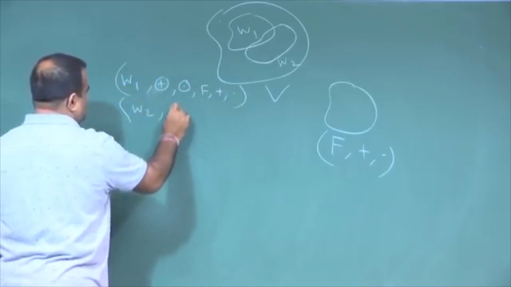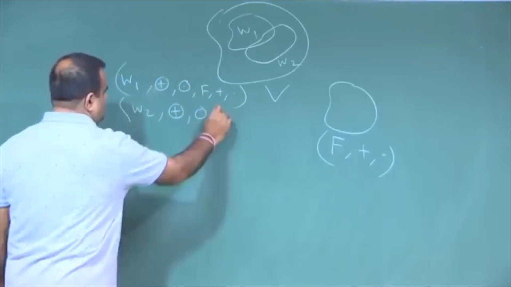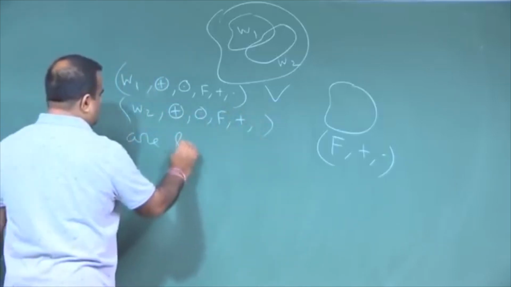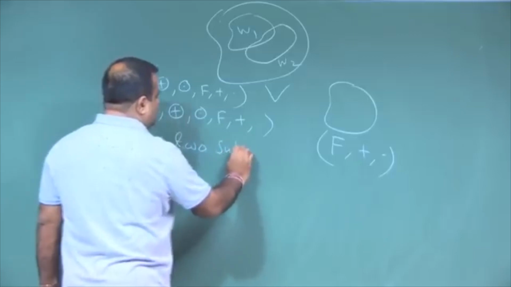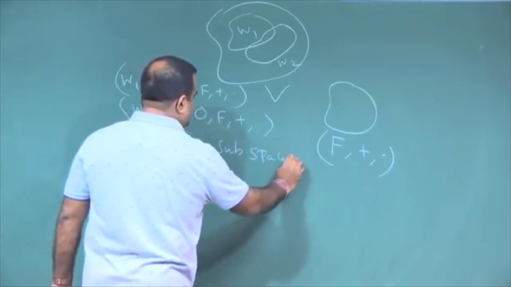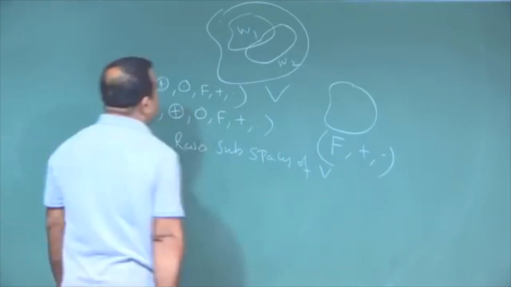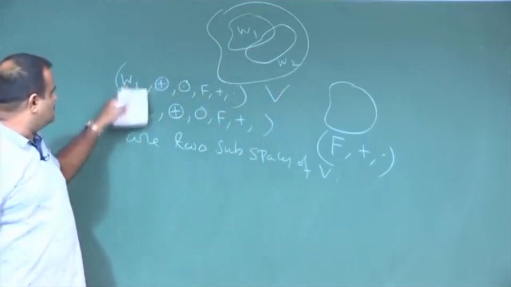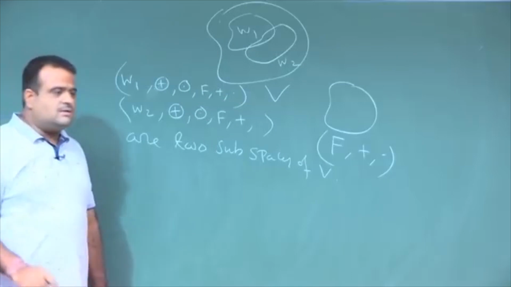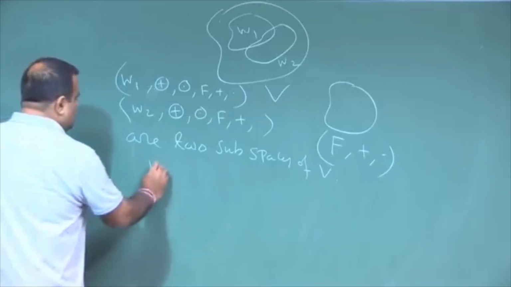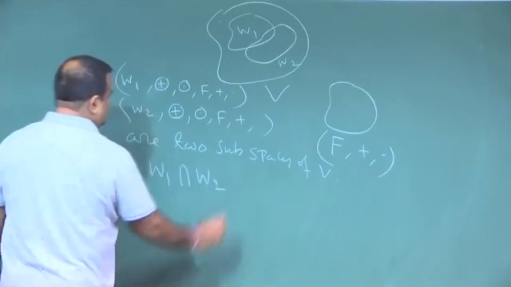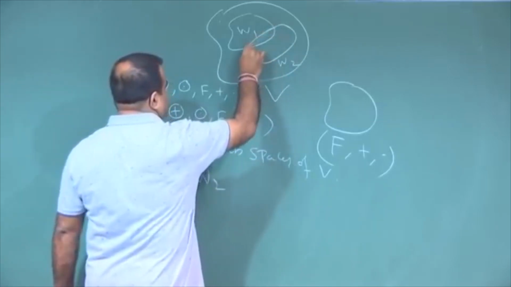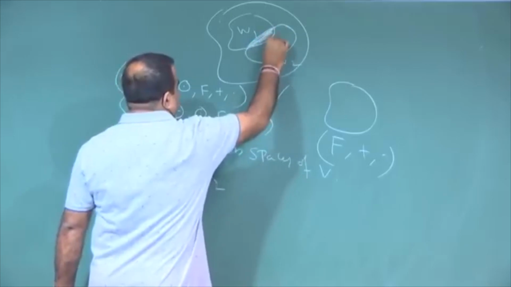W1 and W2 are two subspaces of V. V is the bigger set. So, these two are non-empty subsets. Now, the question is whether the intersection is a vector space. So, this set intersection is a vector space or not.